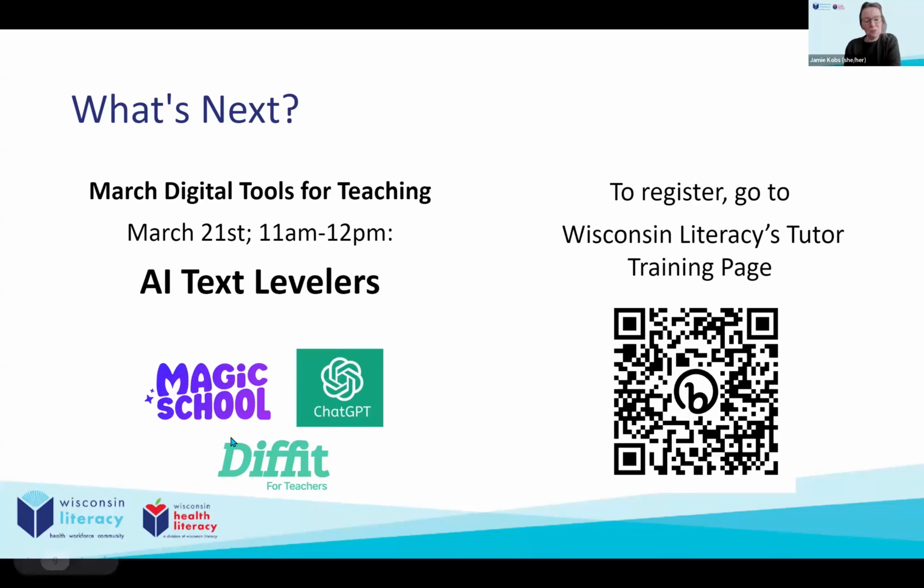And these 3 tools specifically that I'll talk about next month, Magic School, Diffit, and ChatGPT, can also provide you with some follow-up comprehension and vocabulary activities for those texts. So if that sounds like something you want to learn more about, feel free to register. I'll include the link in my follow-up email. And you can also just go to Wisconsin Literacy's tutor training page to find that.